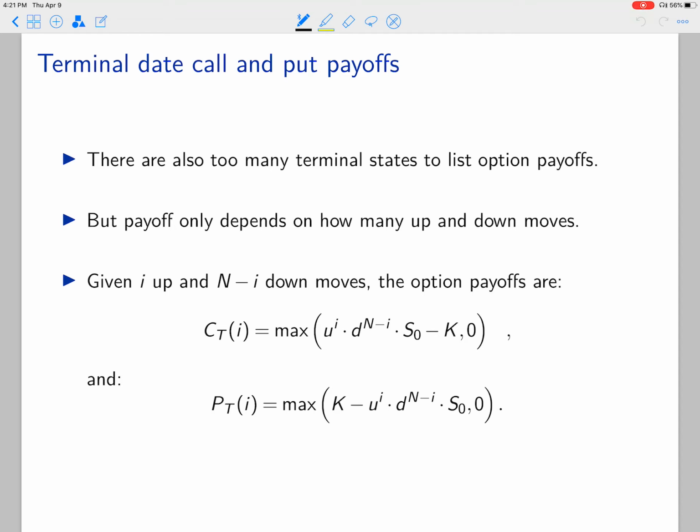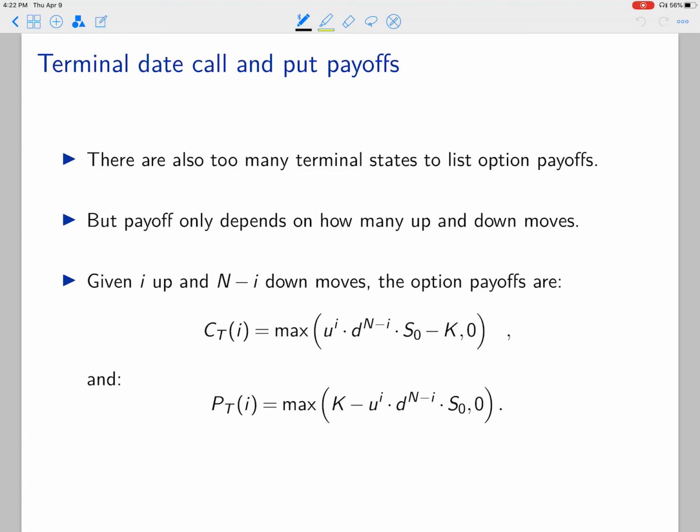Okay, so the terminal payoff of a call or a put option, there's going to be too many states to list out all the payoffs, and the value is going to depend on the stock price. So instead, we can relax the notation on the state again, and just use it as a function of the number of up and down movements.